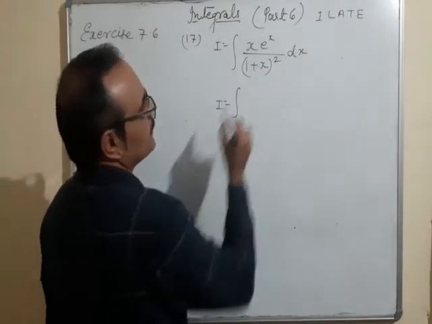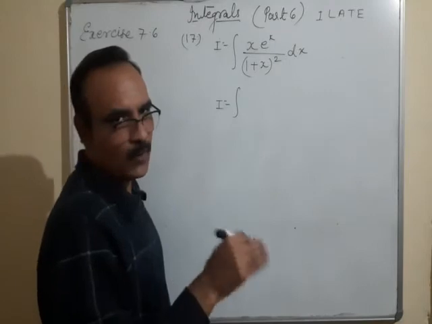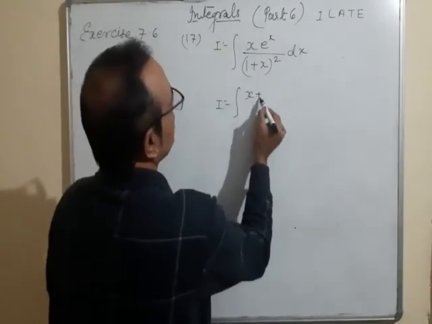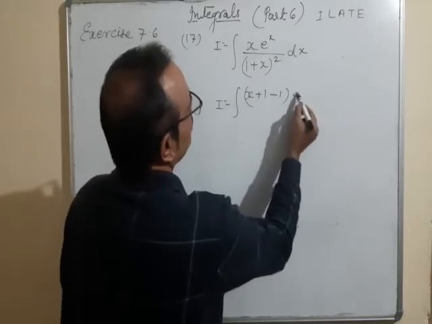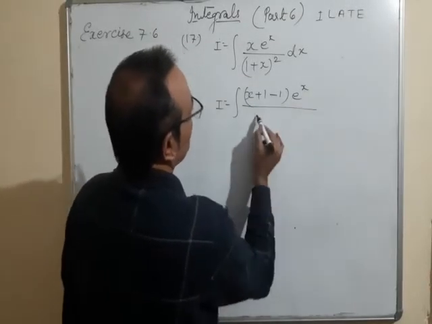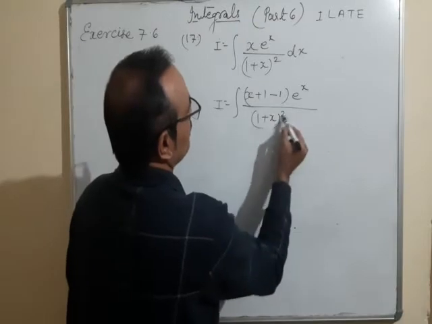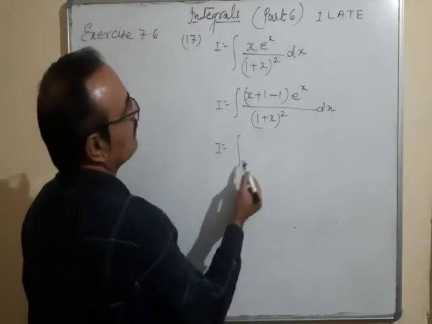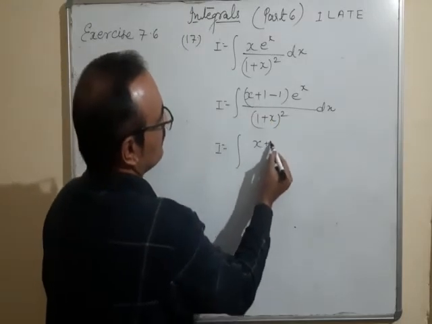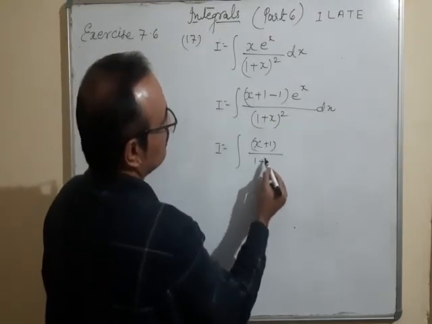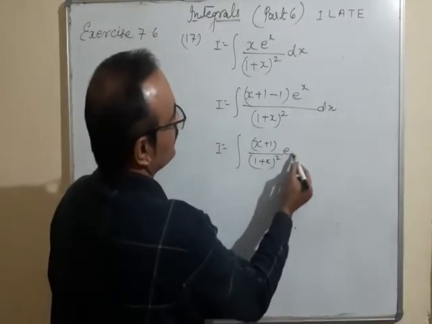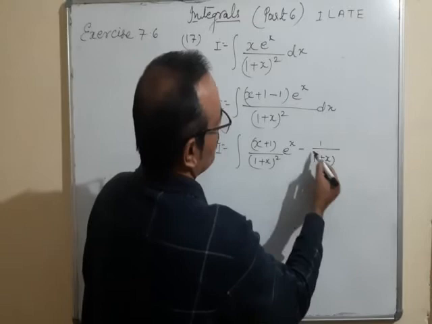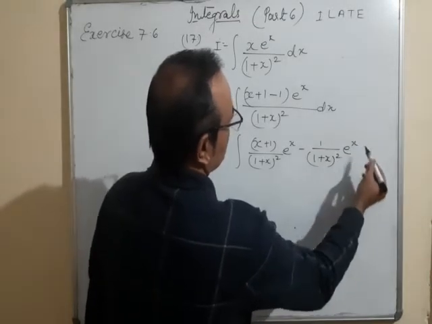x is here, this is 1 plus x. So why not we add 1 and subtract 1 to the numerator with x? If we do it, then what happens? x plus 1 minus 1, e to the power x upon (1 plus x) whole square dx. Is that okay? I is equal to (x plus 1) upon (1 plus x) whole square e to the power x minus 1 upon (x plus 1) whole square e to the power x.